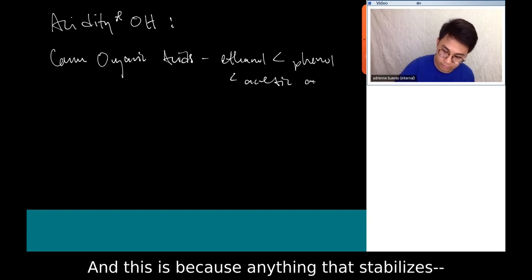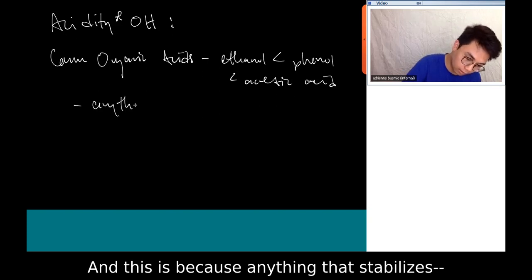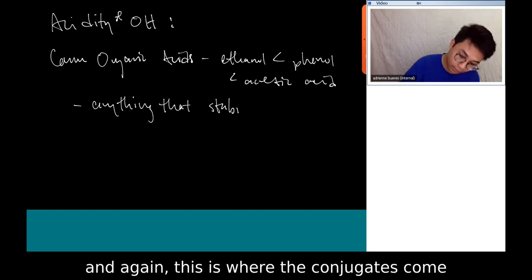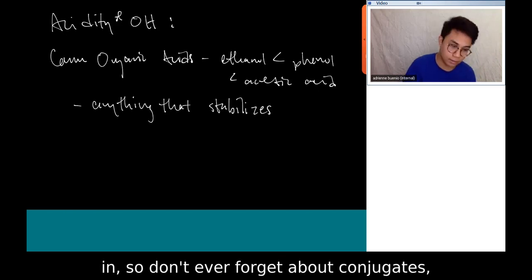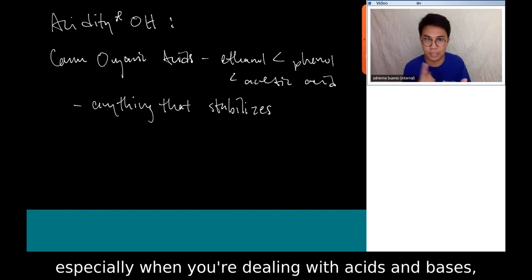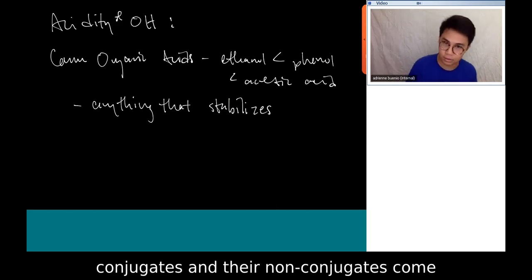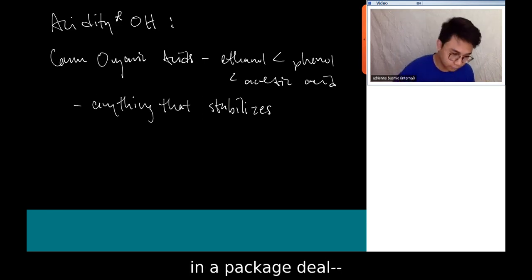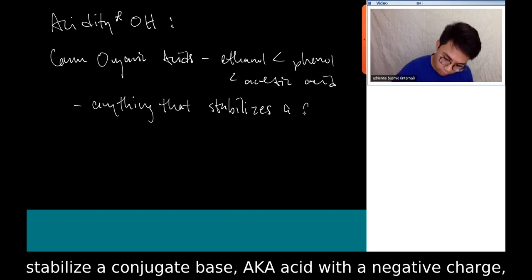And this is because anything that stabilizes, and this is where the conjugates come in, right? So don't ever forget about conjugates, especially when you're dealing with acids and bases. Conjugates and their non-conjugates come in a package deal. Anything that stabilizes a conjugate base, aka the acid with a negative charge, right?